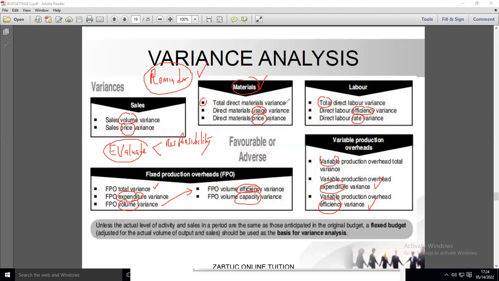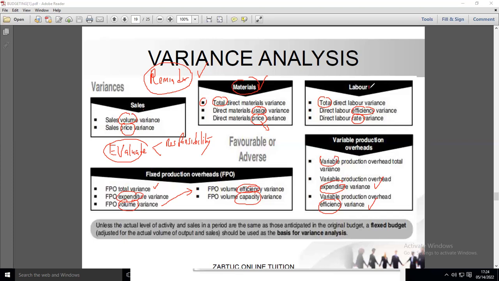You are right. So the usage variance, the people who are in operations, those working in the factory, the production manager with his team is going to take responsibility, but he cannot take responsibility for the price. Our procurement team is the one that will take responsibility for that. Now that split of responsibility doesn't come up when you have a total variance.